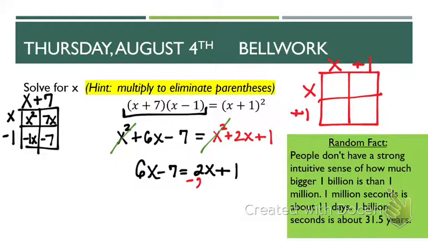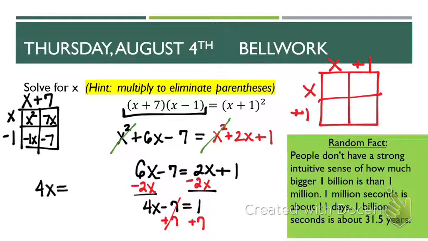So I'm going to subtract the 2x, which is 4x minus 7 equals 1. And then I'm going to add 7. So that's 4x equals 8. So what does x equal? Who had x equals 2?